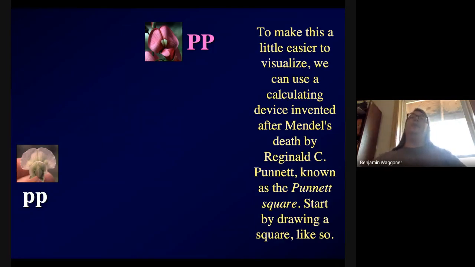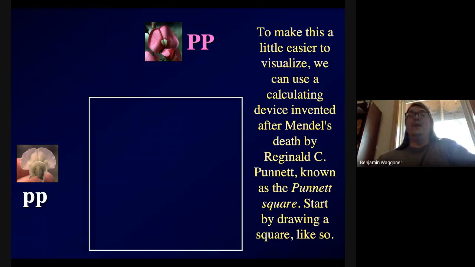Let's say we want to represent what happens if you cross a homozygous dominant purple flowered pea plant, big P, with a homozygous recessive white flowered pea plant, little p. Well, we'll start by drawing a square. That's a square.